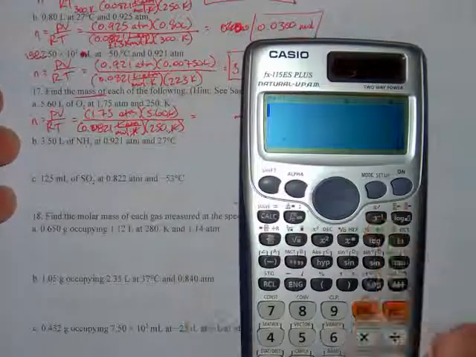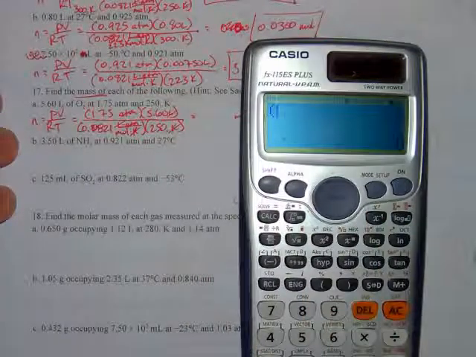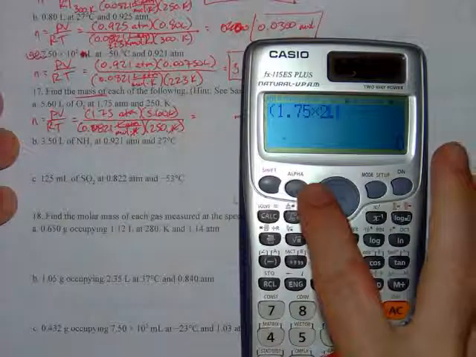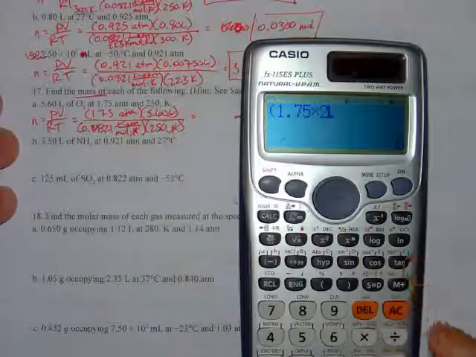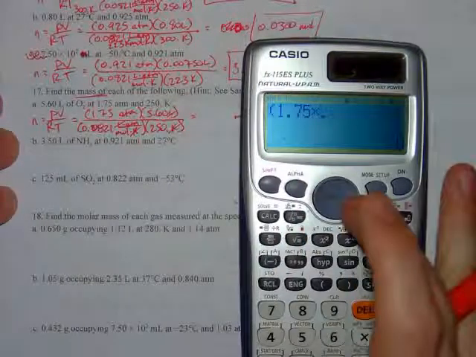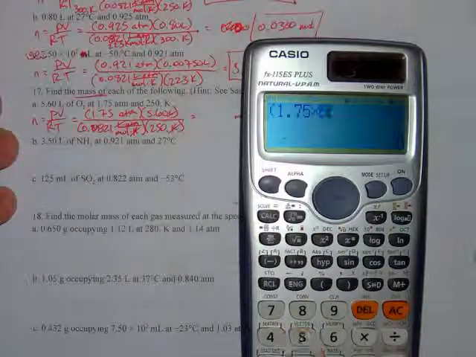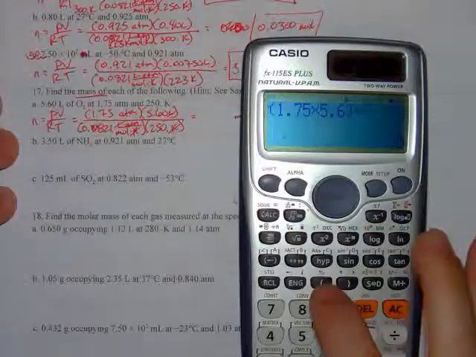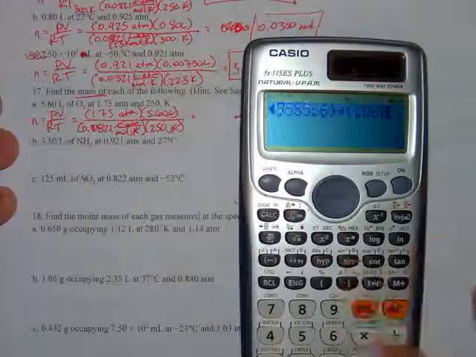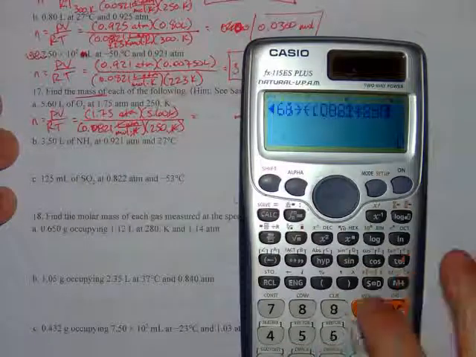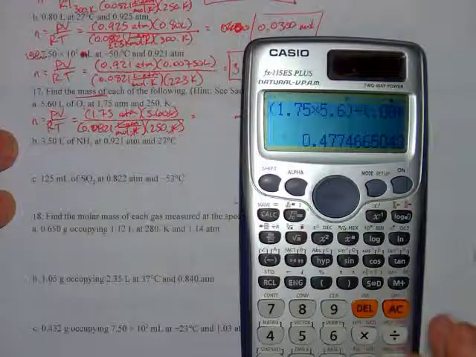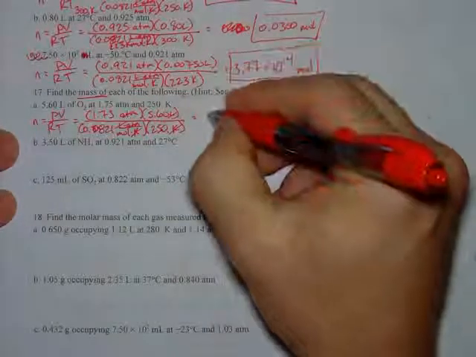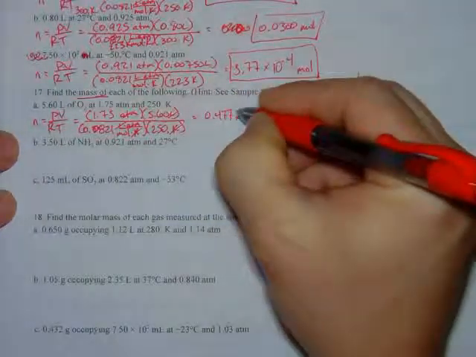So, time to calculate. Let's get my numerator taken care of: 1.75 times 5.6, all over 0.0821 times 250. I come up with, again to 3 sig figs, 0.477 moles.